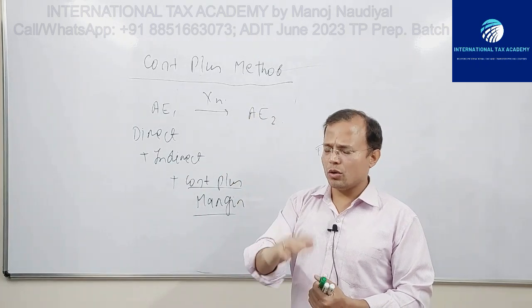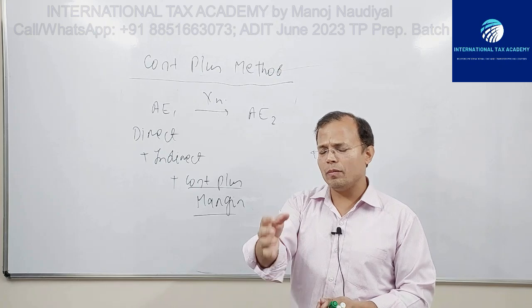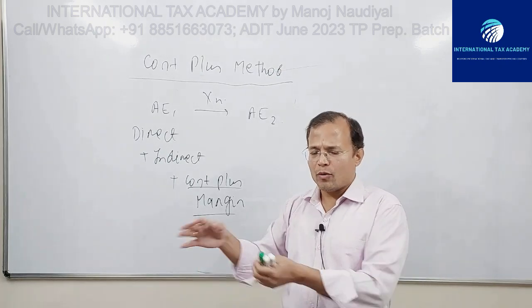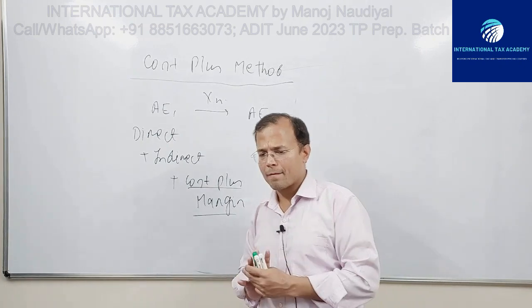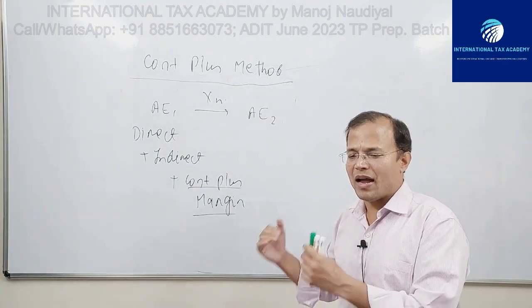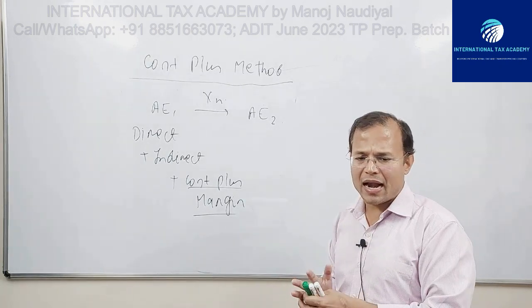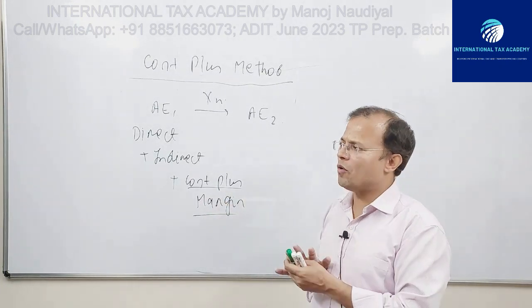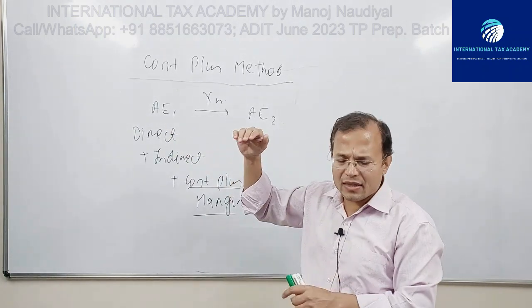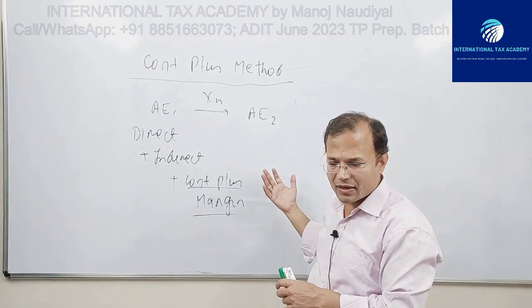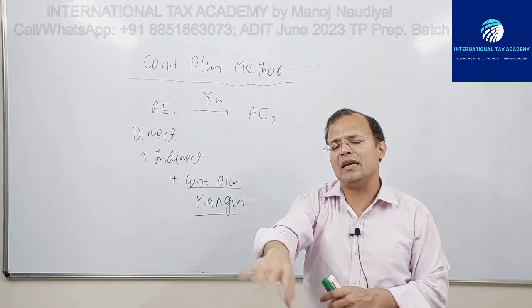Don't worry. I'll give you some more information, and then you will be able to conclusively come to this understanding that AE1 will be the tested party in this case. At this point of time, just take my word for it, as Chetna and Raghu have rightly pointed out that because I am focusing my attention upon AE1, it's a one-sided method, so let us assume that this is the tested party.